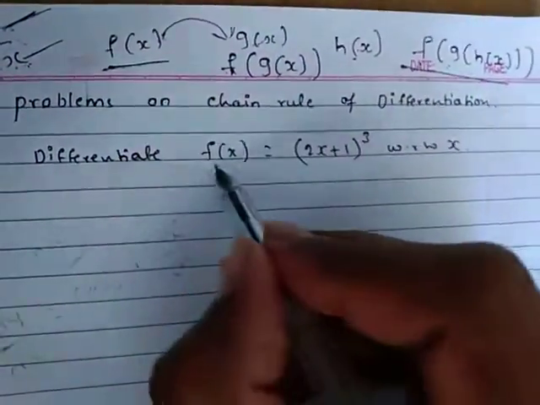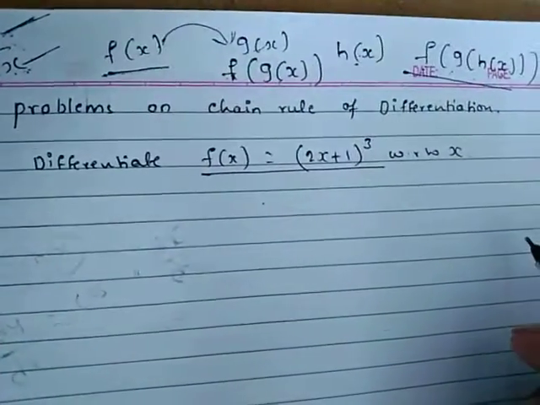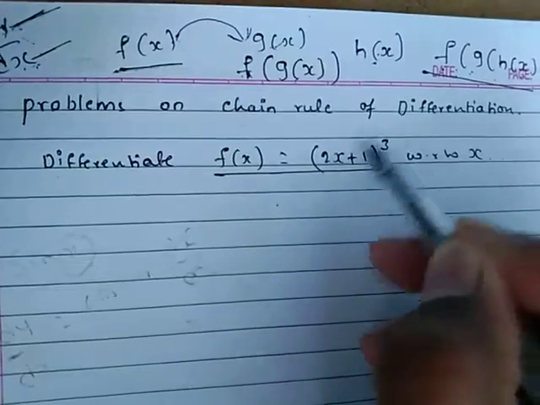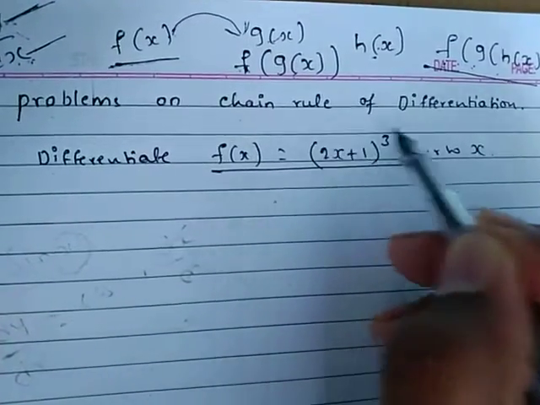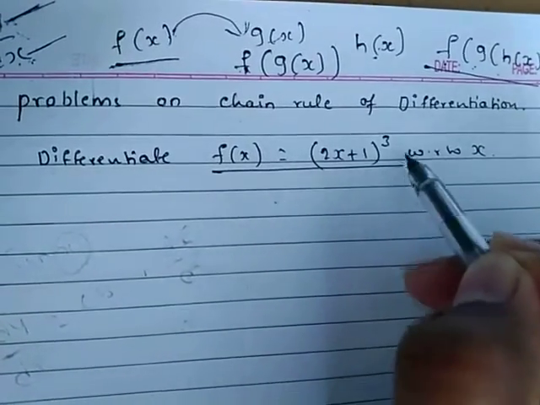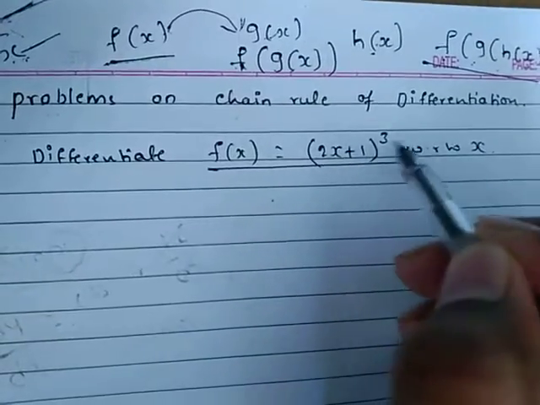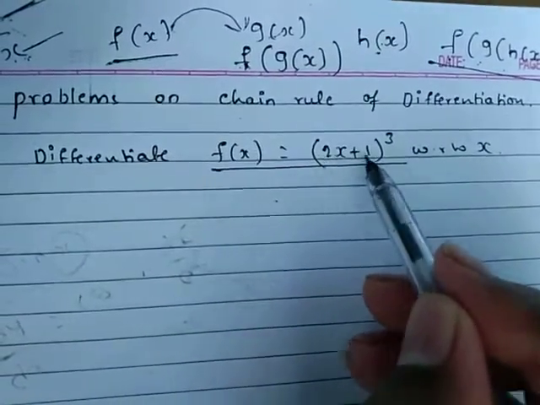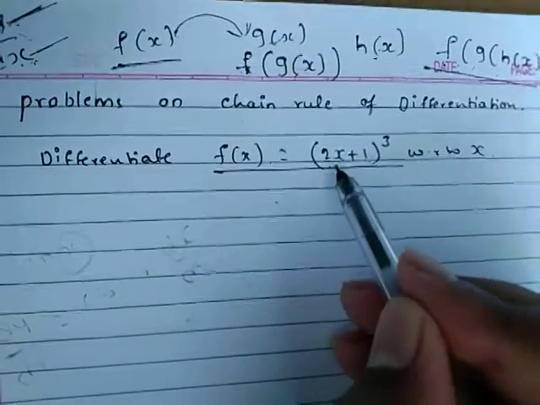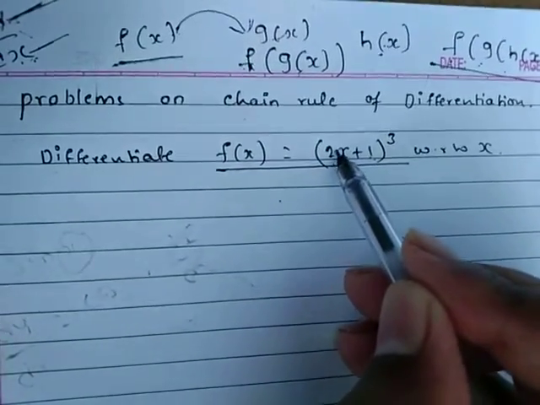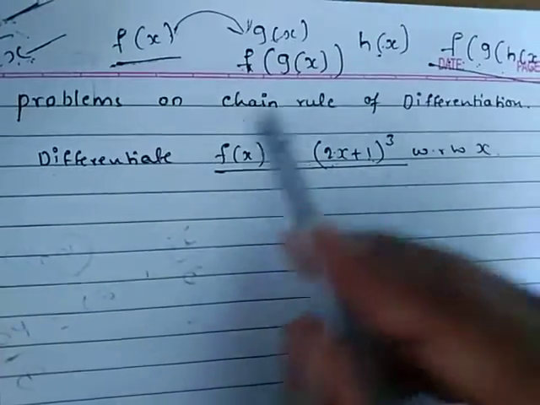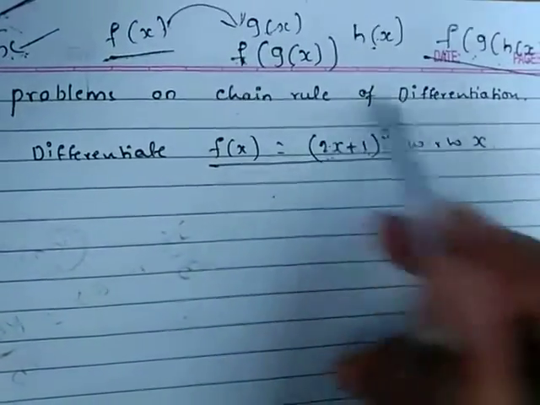Observe here, in the function f of x is equal to 2x plus 1 whole cube, the complete function is 2x plus 1 whole cube. In the complete function we have two other functions, 2x as well as 1. Within 2x again we have two functions, 2 is one function, x is another function. By using the chain rule of differentiation we can differentiate the things.